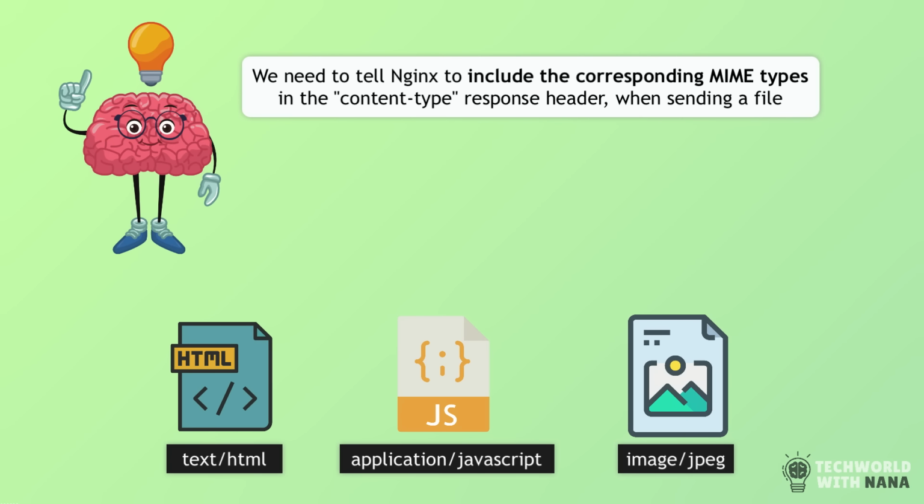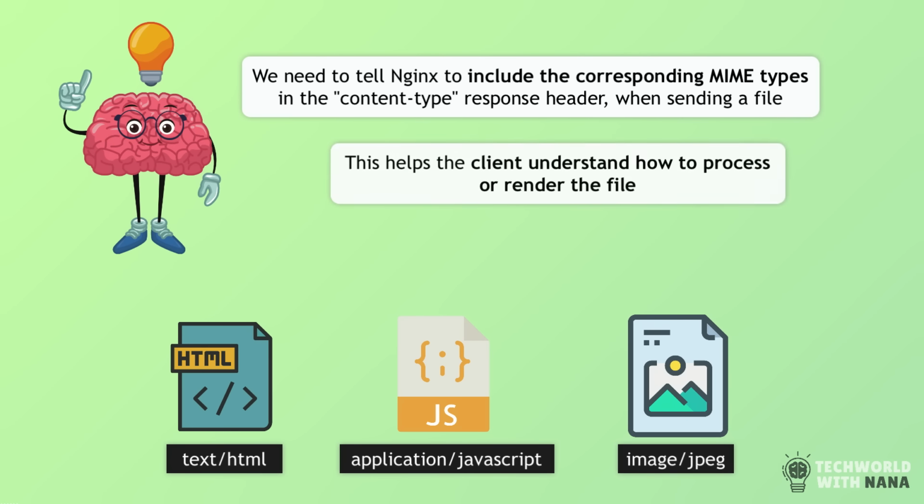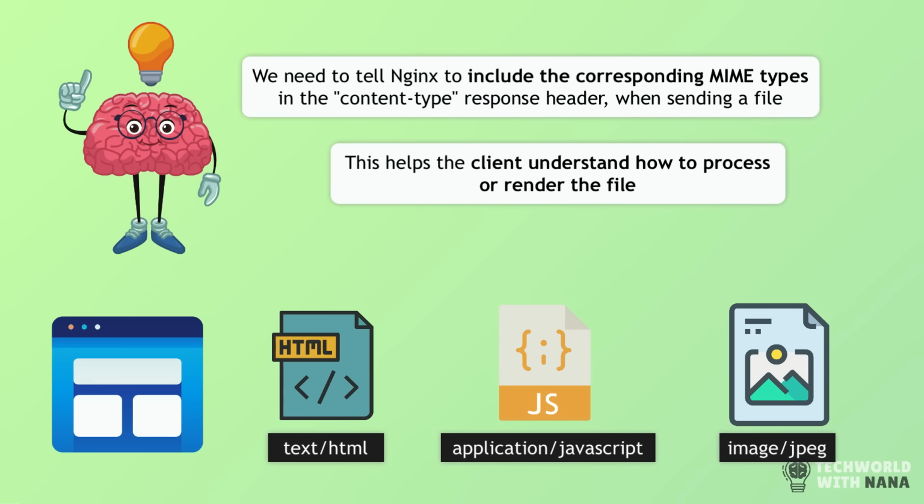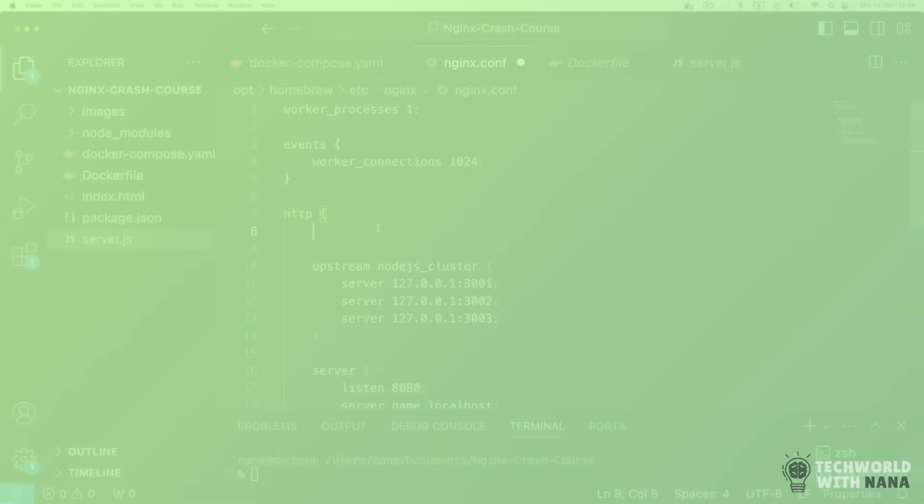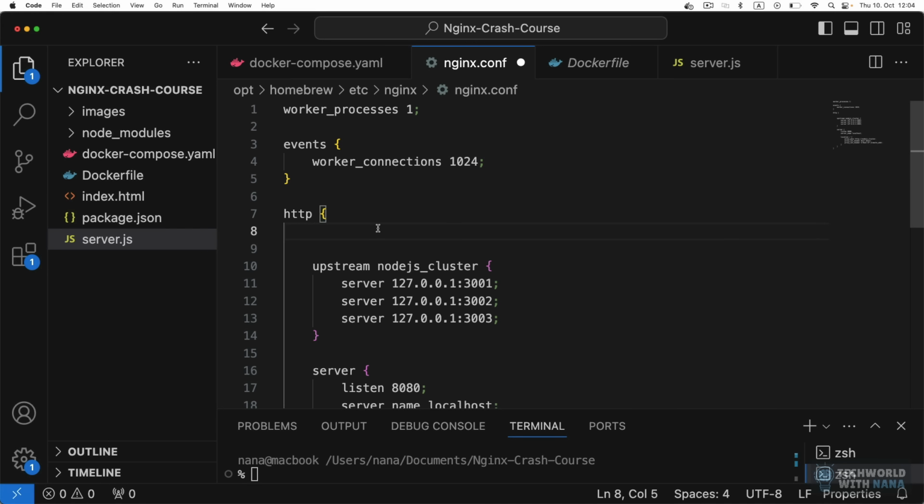And this is important so that the browser or HTTP client that gets the response can see in the response header the type of the file, and it can help display or handle that file properly on the client side. And there is a very simple directive for that called include.